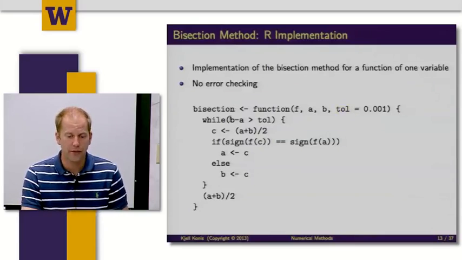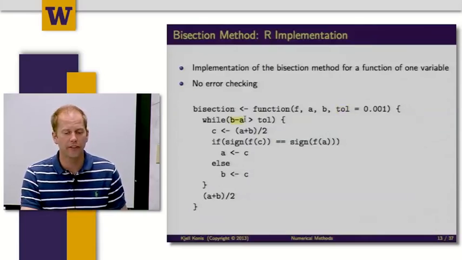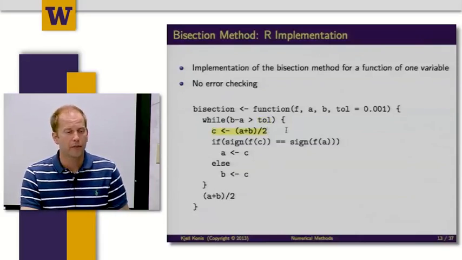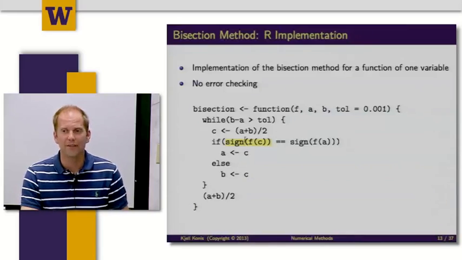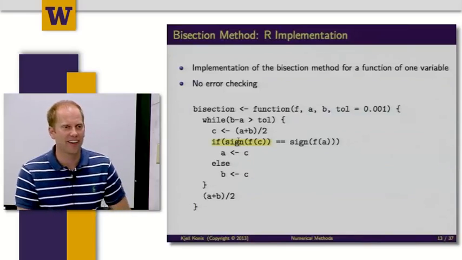And so it's pretty simple. It's just while this interval is wider than the tolerance, so before my stopping condition has occurred, I compute the midpoint of the interval and I store it as c. R has a sign function, which is handy, but be careful: I'm not talking about sine, I'm talking about sign.